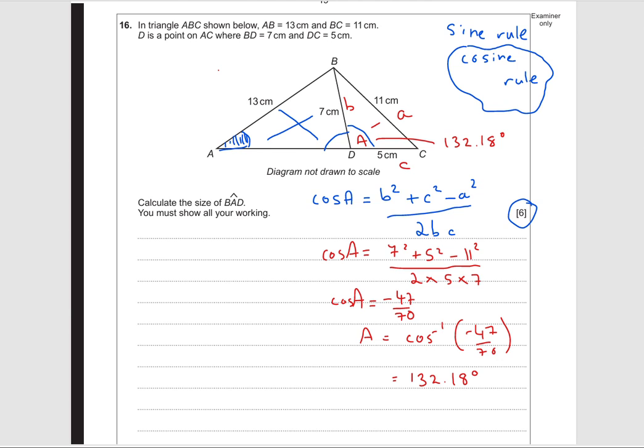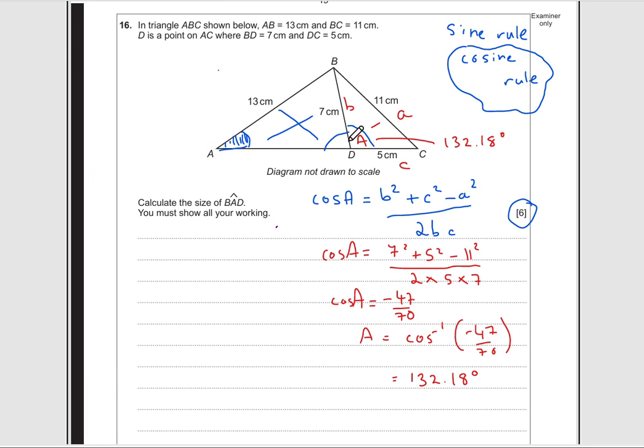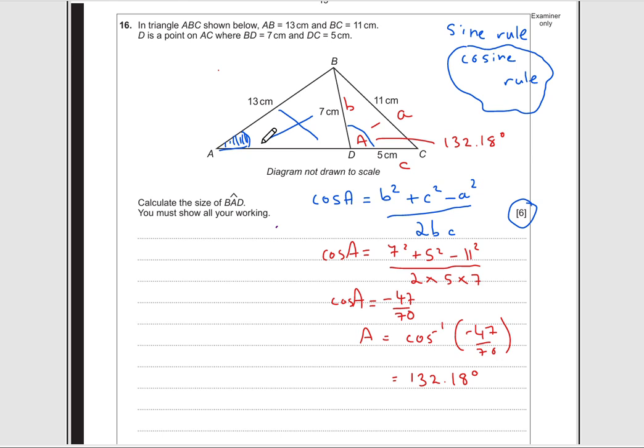Let's change colour because we're going over to the other side. So we've got angles in a straight line here. So this other angle here is 180 subtract my angle, which is going to give me 47.82.